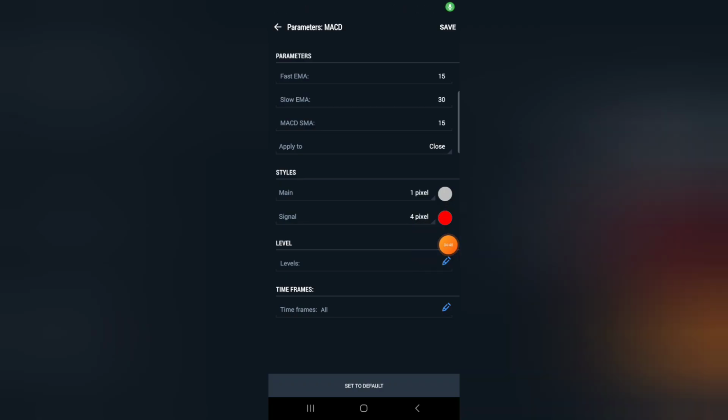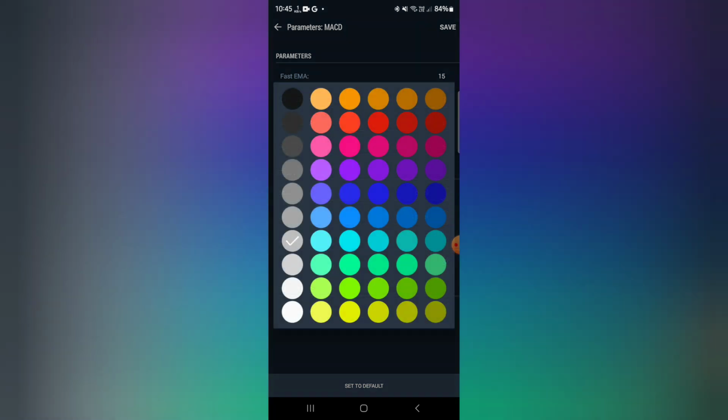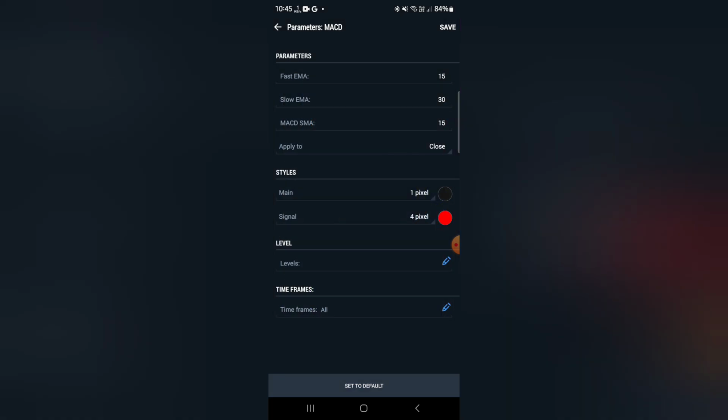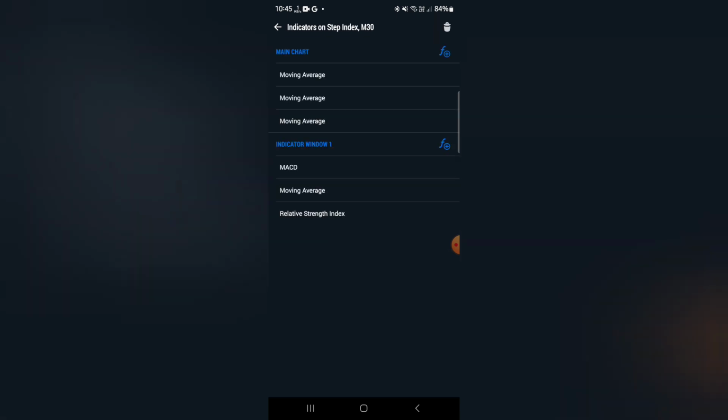Okay, so then again, this color, we don't want to see it on the chart, so we have to make it black. However, if you have a white background, you make it white. So that's the way we get rid of that on our charts.